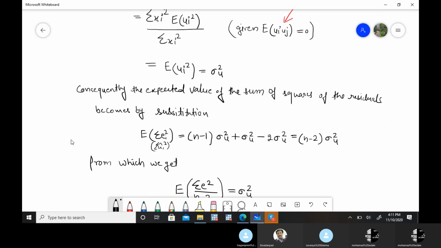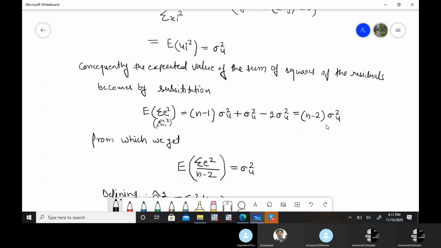And if we solve this, we'll get this term equivalent to n minus 2 sigma square. So if we take n minus 2 here, it's equivalent to this.